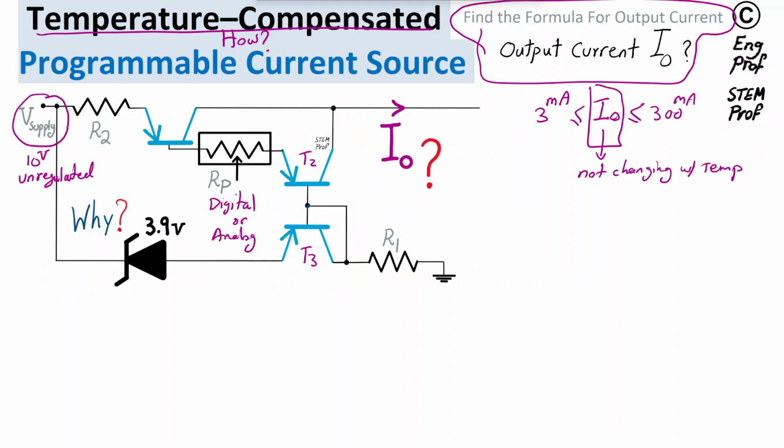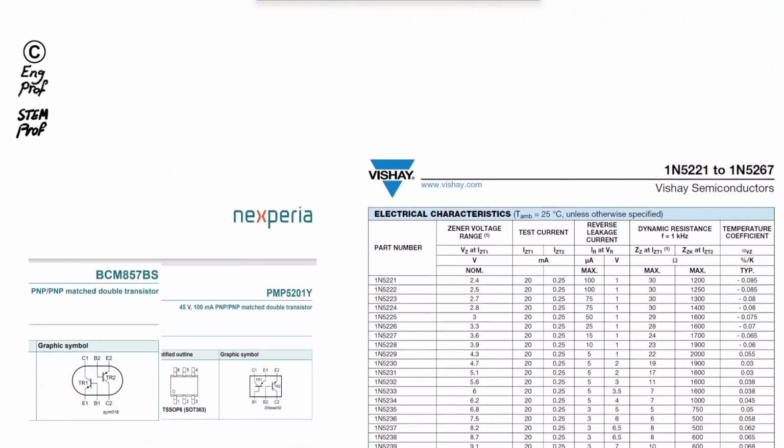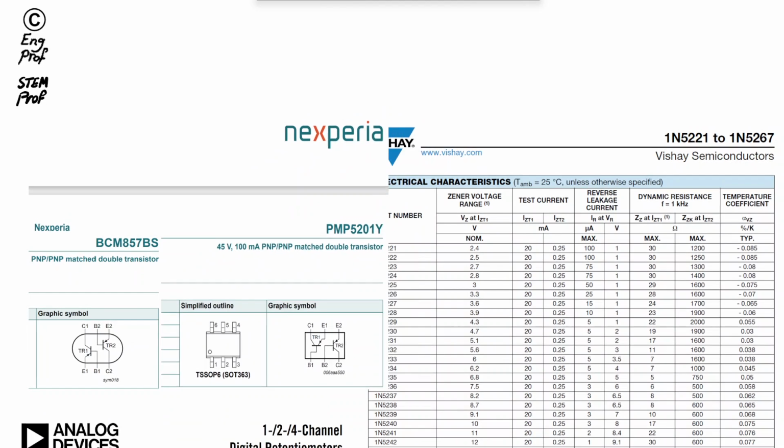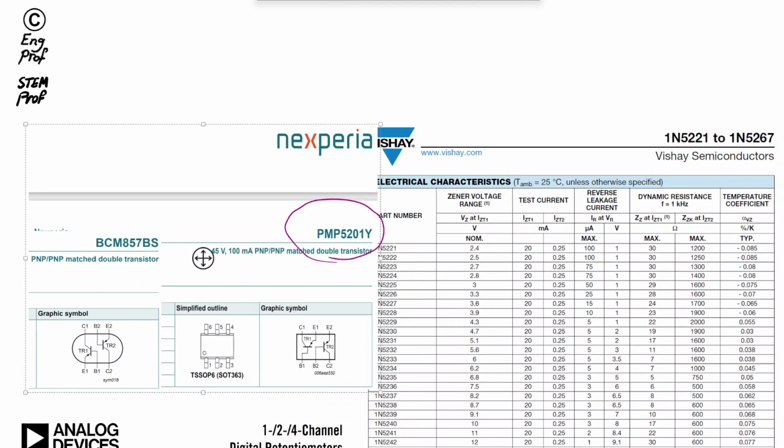Therefore, there is a bias current for the Zener diode that goes through the supply and through these three components to ground. I refer to that bias current as I Zener, and it goes this way as well. For the matched T2 and T3 pair, a good choice would be from Nexperia, as I am showing here, potentially the PNP 5201.